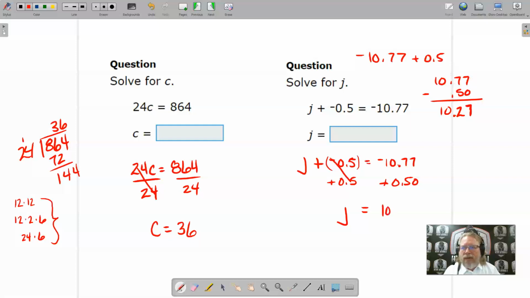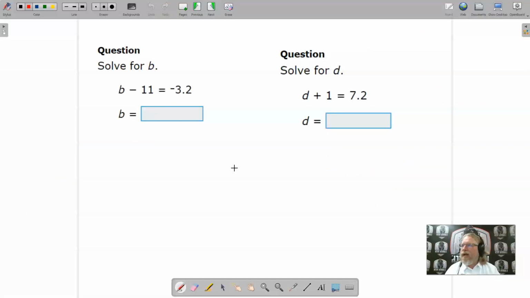So we end up with 10.27. However, the negative 10.77 has a greater absolute value than the positive 0.5. So since the one with the greater absolute value is negative, our answer is going to be negative. So we end up at negative 10.27. Hope I didn't lose you there on that one. Brain's not working too well today.